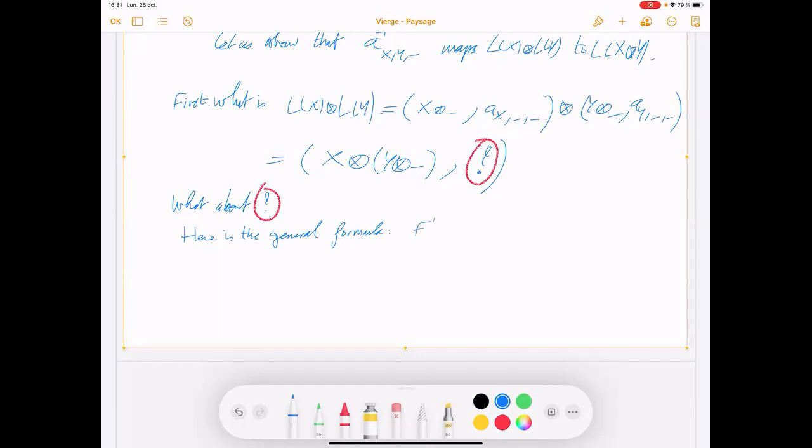So this is F1 C2 composed with C1 F2, like that. So the general formula is here.